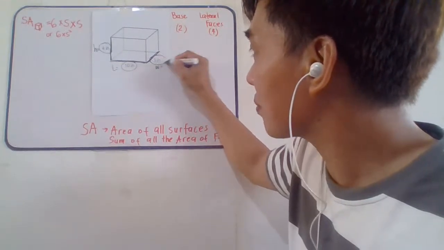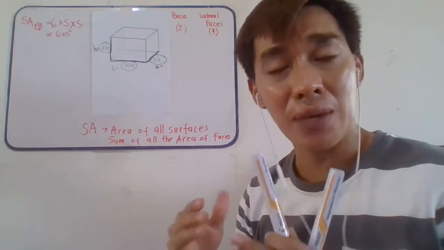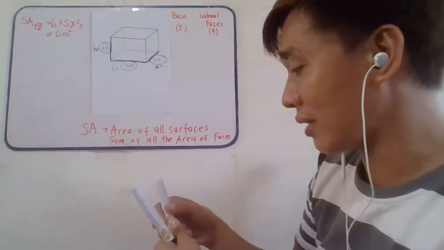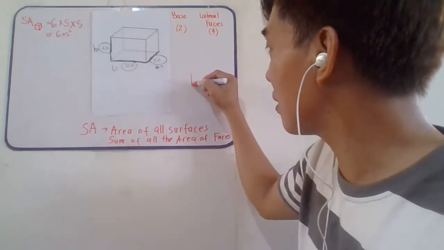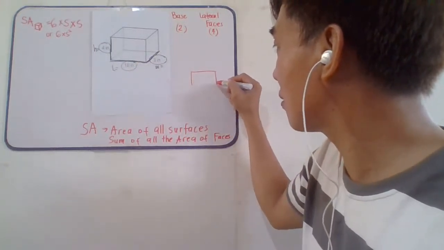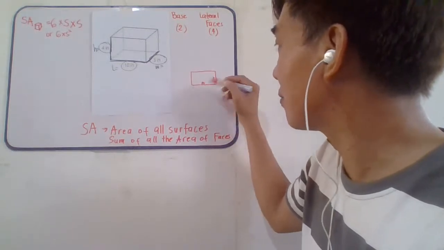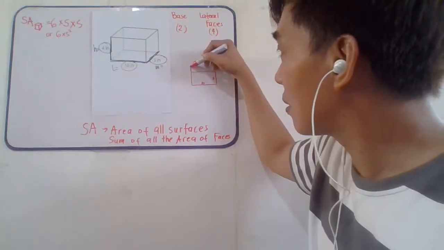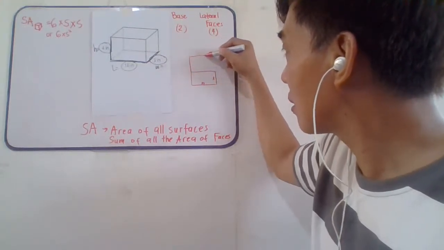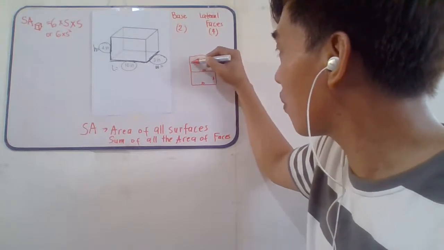3 inches. Now, if we open this, it would look like this. So the bottom portion here is 10 by 3. The back portion here would look like this. This is 10 by 4.